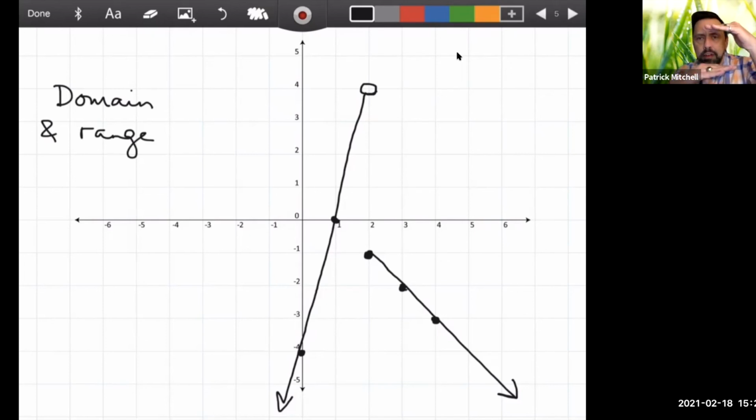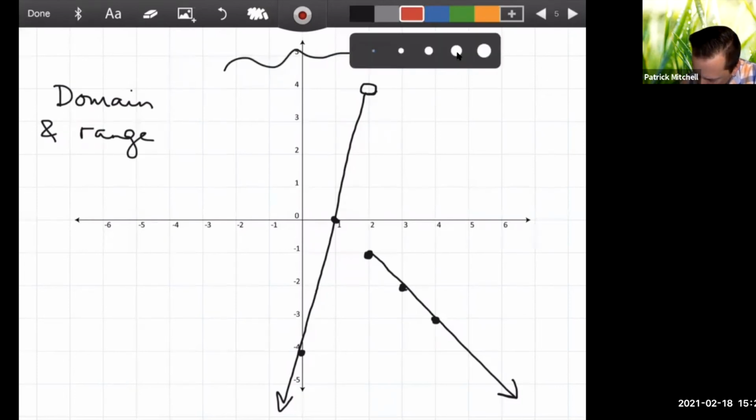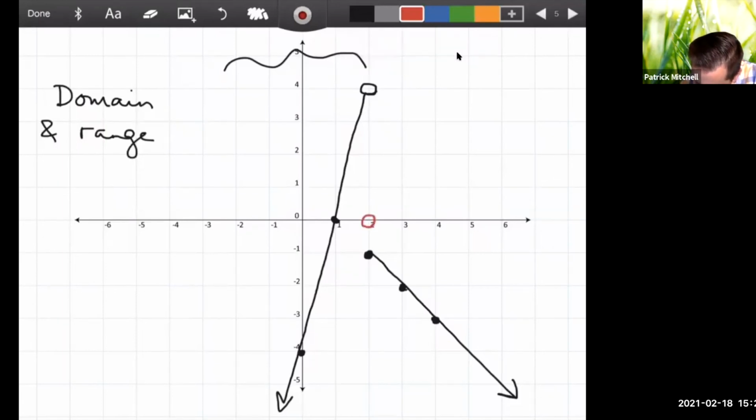So imagine taking the graph and squashing it all down onto the x-axis. If you took this piece here and squashed it onto the x-axis, you would not hit this point, but you would hit every point to the left of that, going on and on and on that way.